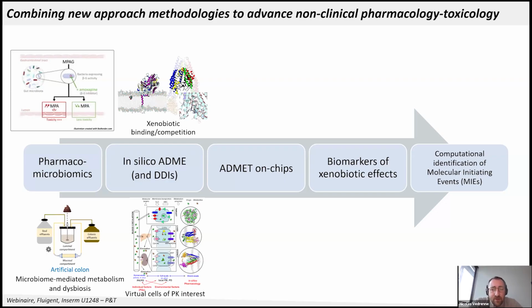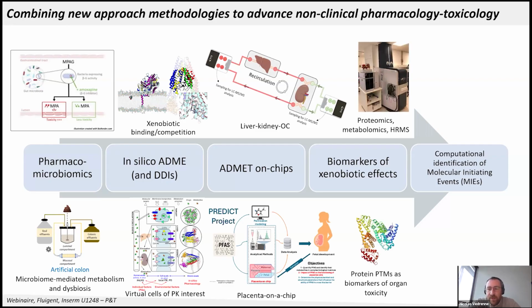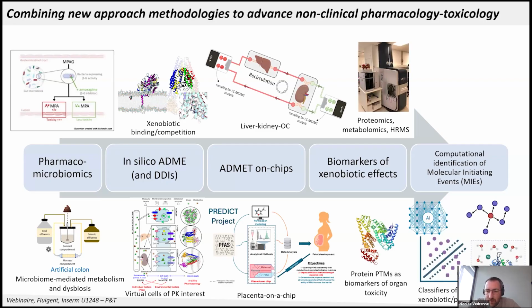We also continue developing organ-on-chip models, especially by extending towards other applications than transplantation. Here it's a placenta on chip to study pollutants. And we will also maintain our focus on biomarker discovery, with the support, of course, of artificial intelligence.